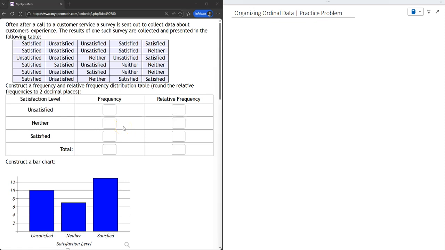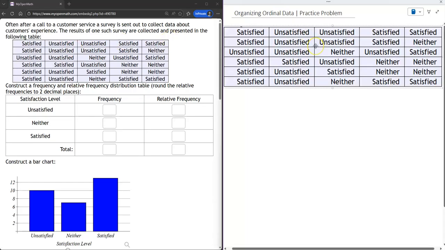In this tutorial, I'm going to show you how to organize ordinal data by doing this practice problem with you. The first thing we're going to do is take a look at this data set and recognize it as ordinal data, because there is some logical order present among the values.